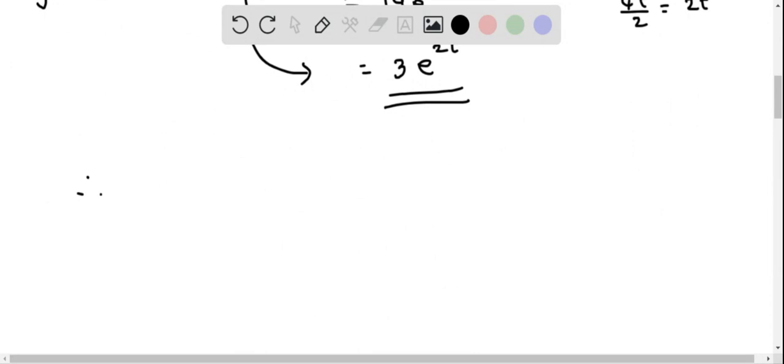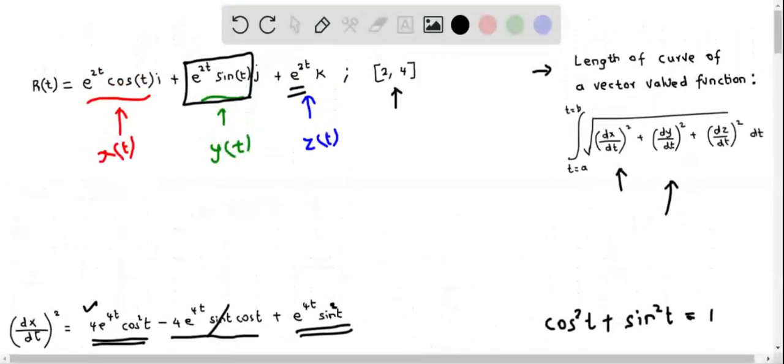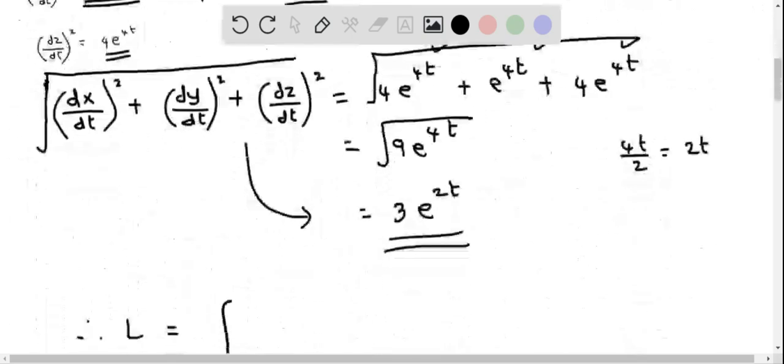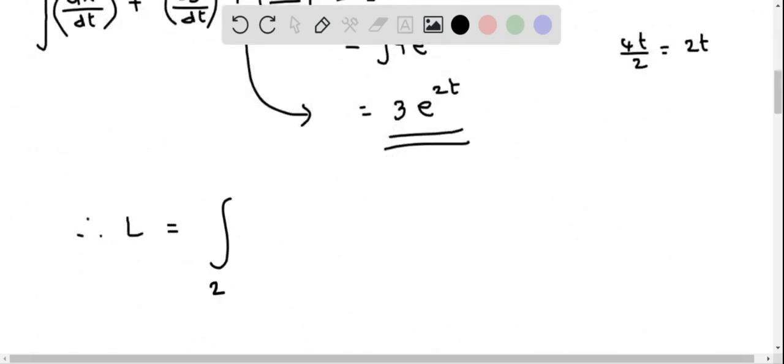So therefore, the length of curve, let me denote that by the letter L, is equal to the integral where t goes over the interval from t equal to 2 to 4. So the lower limit is 2 and the upper limit is 4. And then we substitute the value which we have found, that is 3 e power 2t dt.